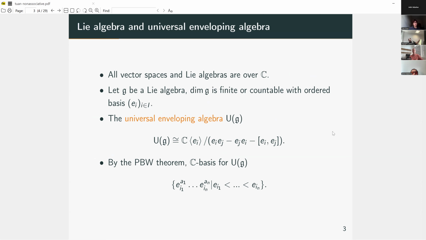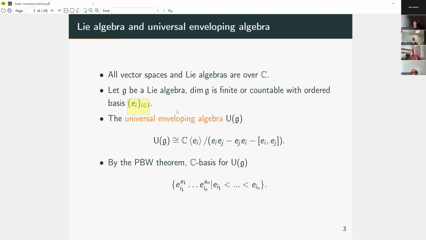Let g be a Lie algebra. The only restriction I have on g is that its dimension can be finite or countable. And let e_i be an ordered basis of g.